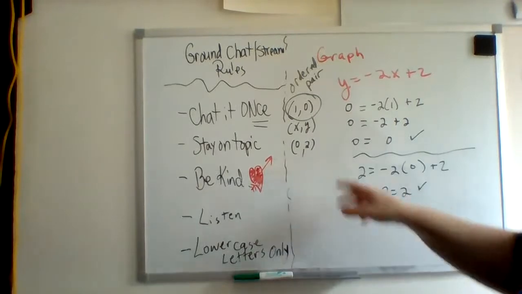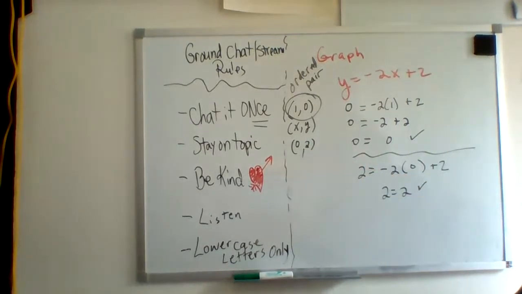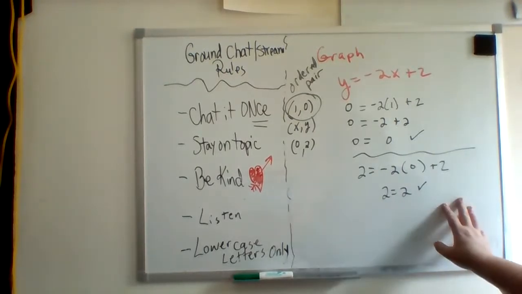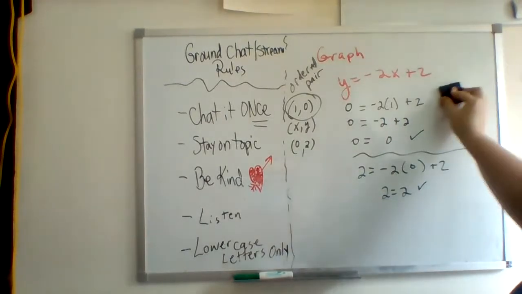Okay? And then you told me that y would be 2. So I think you just meant the intercept. Now that's good here. All we need is 2 points in order to graph a line.